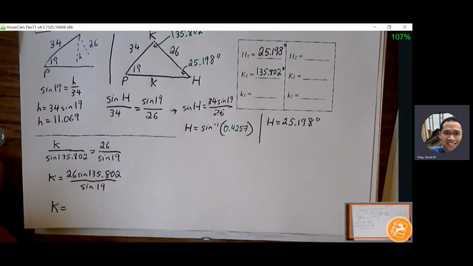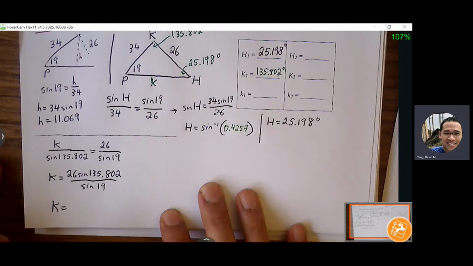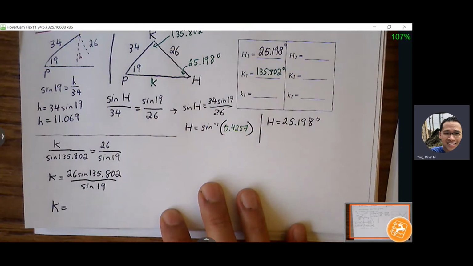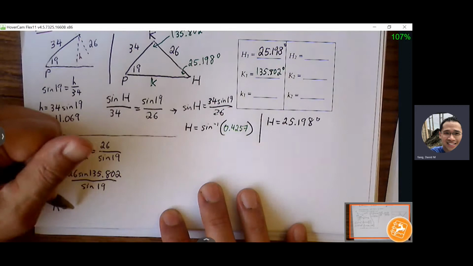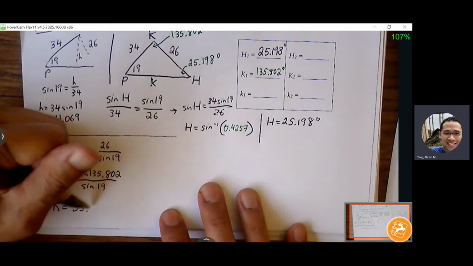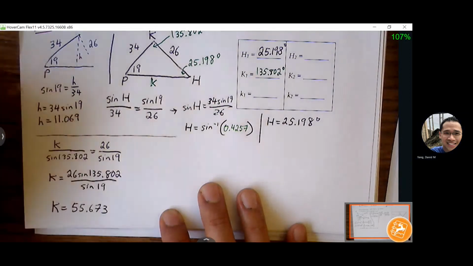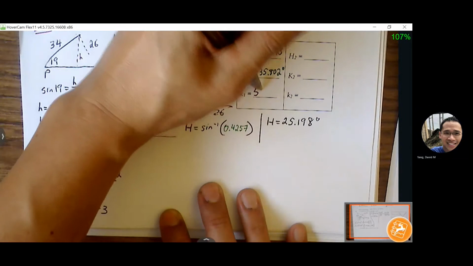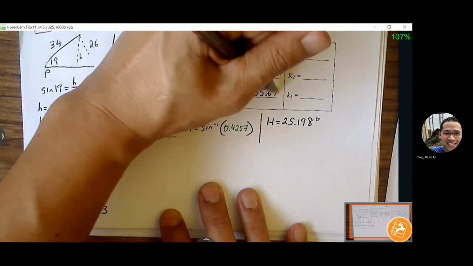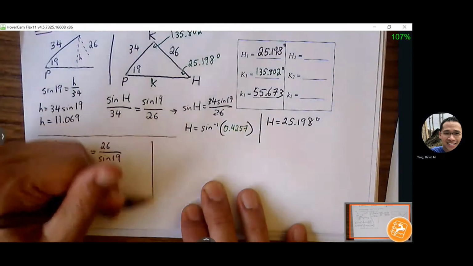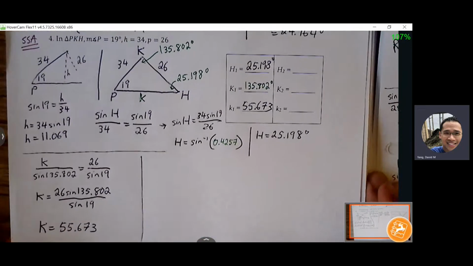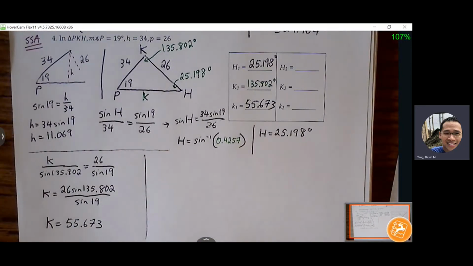Enter all that into your calculator. Let's see, 55.673. Okay, so we have one triangle down.